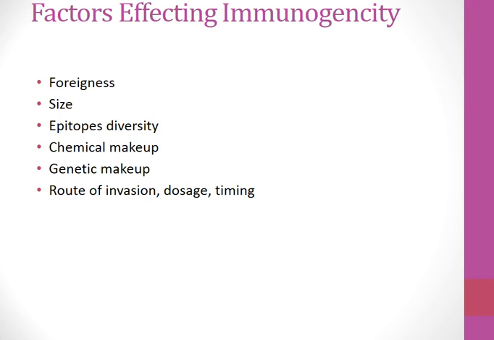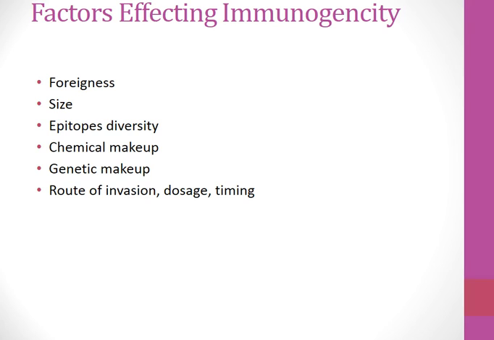Okay, factors affecting immunogenicity. So these are things that will affect whether the body makes an immune response to the antigen. The foreignness, how different it is from your body. The size, the larger it is, the more apt you are to make an immune response. The diversity of the epitopes, the chemical composition, the genetic composition.